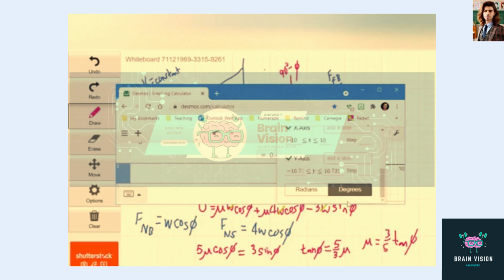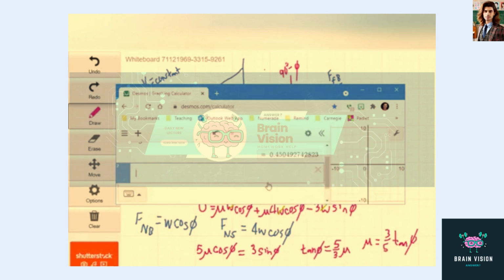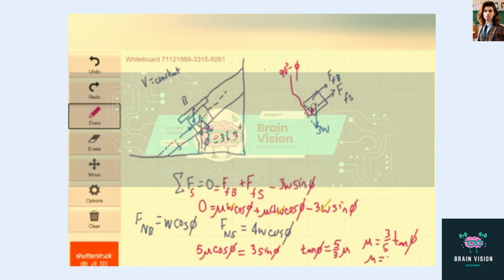0.45 is a reasonable answer because it's not real close to 1. It's less than 1. 0.45, we've got 3 significant digits though. 0.450. Now, the answer is in the back of the book. So let's check. And this is correct.